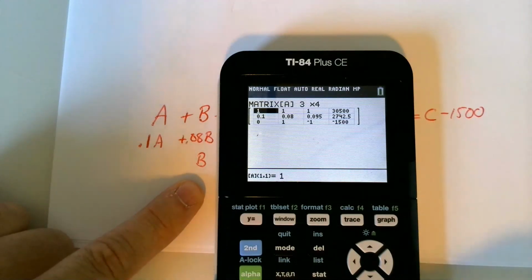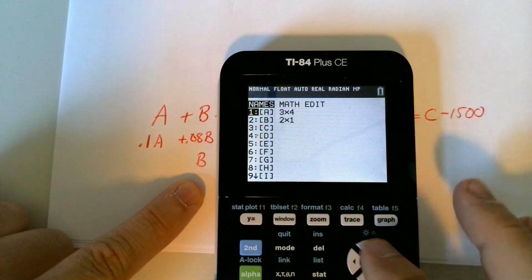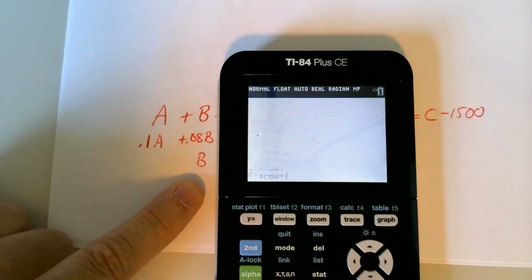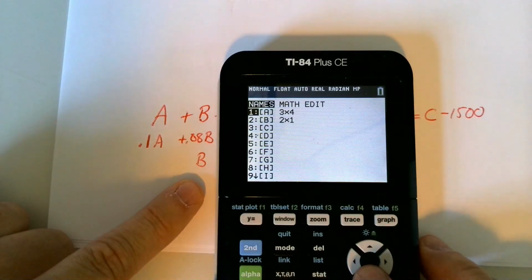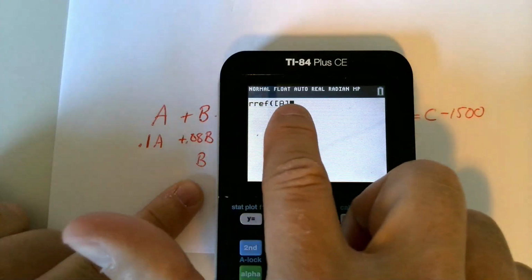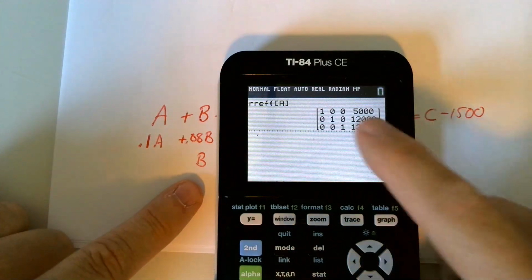Enter. So then I go to my home screen, and second matrix, over to the middle column, up to RREF, second matrix, and I want to choose A. So my RREF A, for what we just did, I hit enter, and it looks pretty. That's a good sign.